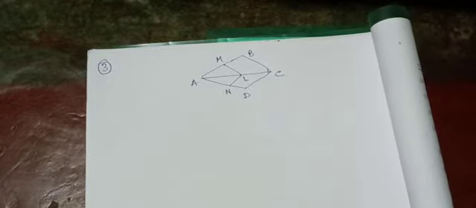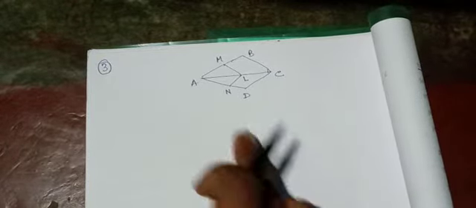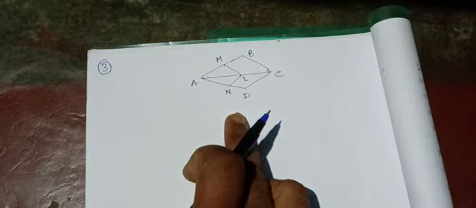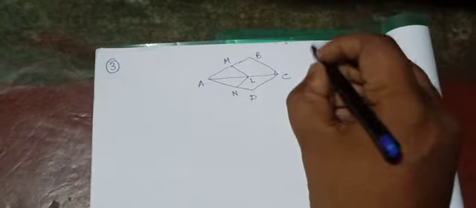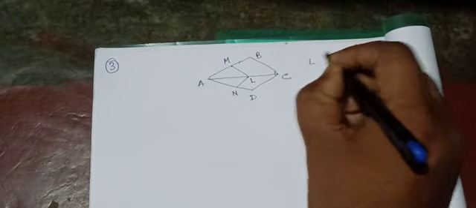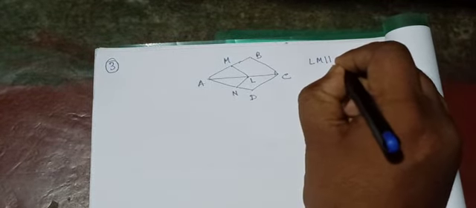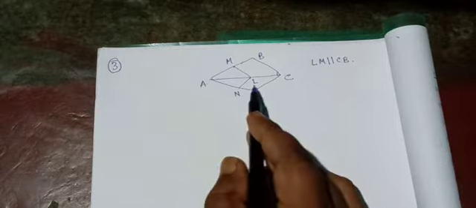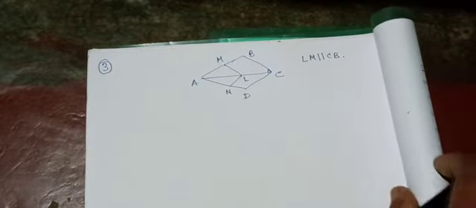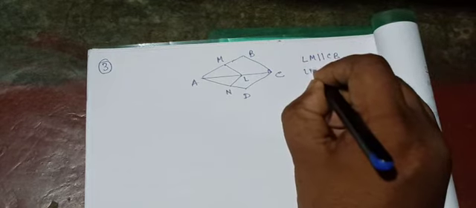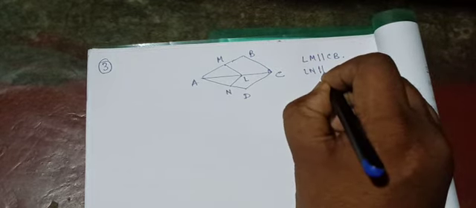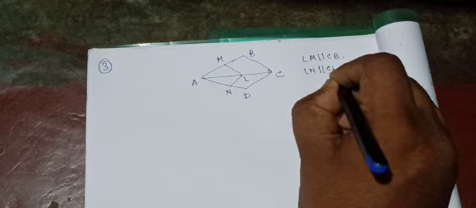Now here in this figure it is given that LM is parallel to CB, and LN is also parallel to CD.